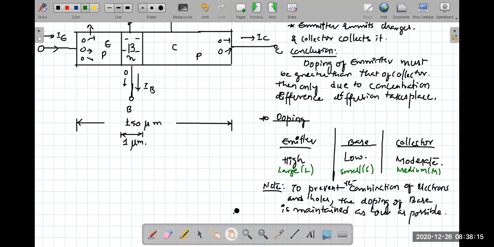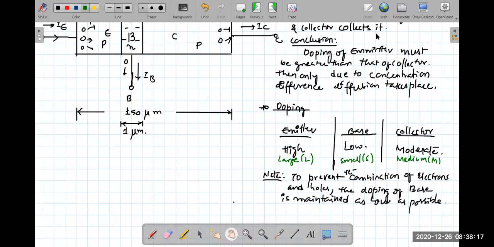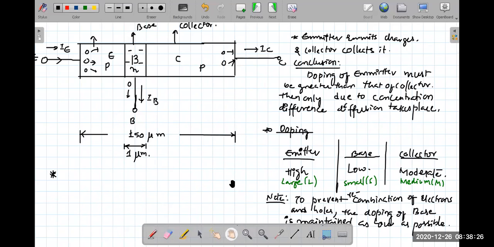Now let's come to the size, the width. The emitter is emitting the charges, but who must collect them? The collector must collect them. That means there must be enough room in the collector for the incoming charges. The collector is collecting, so it must give shelter for all those additional incoming charges.